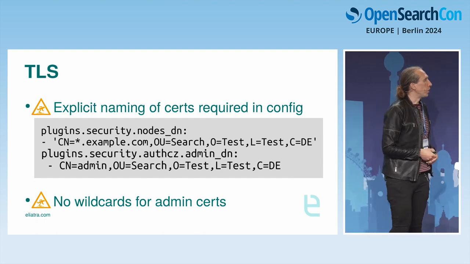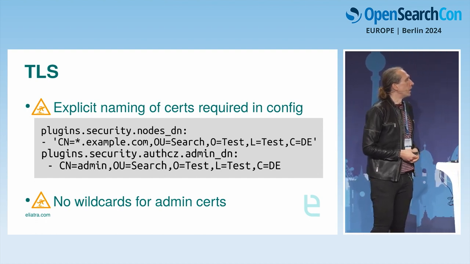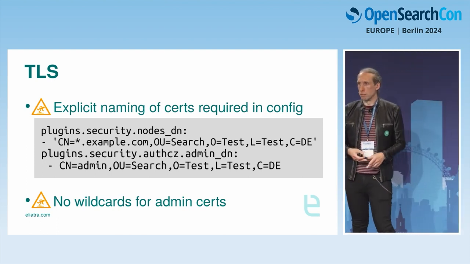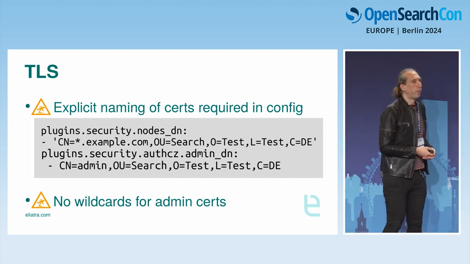And in addition, you also need to name the distinguished names of all the super admin certificates. This is for security reasons, but well, maybe sometimes not expected, because usually it's only about trust and not about particular nodes or clients which you are accessing.